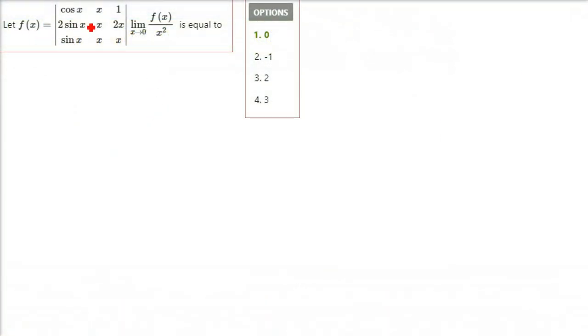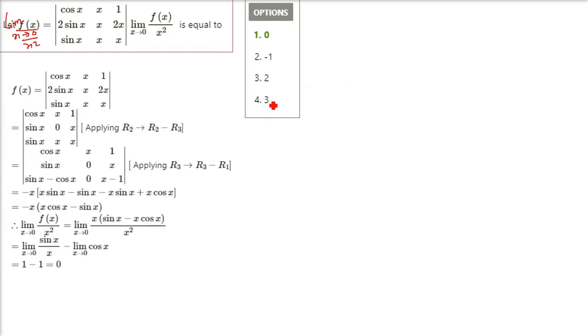Now let f(x) be this determinant, and we have to find the limit as x tends to 0 of f(x) by x square. That means we apply the limit x tends to 0 after dividing f(x) by x square. So we'll try to make it as easy as possible, that is, get maximum zeros.